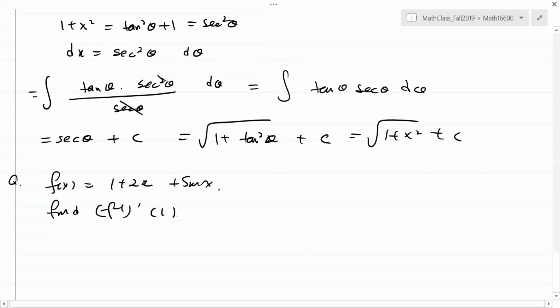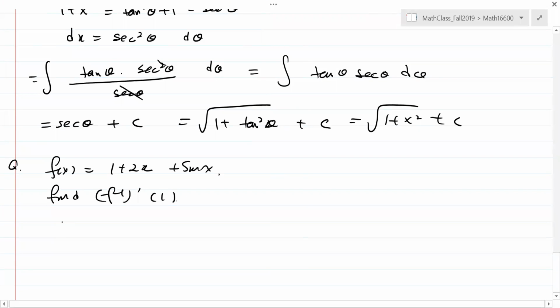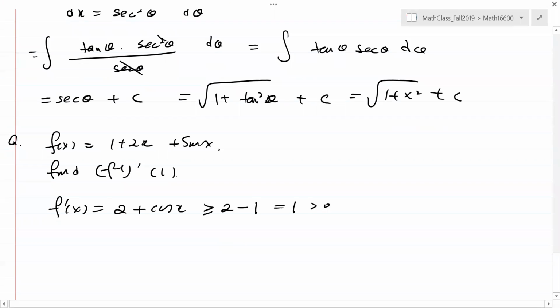The inverse exists just because the derivative of the function is 2 plus cosine x. But this is always greater than or equal to 2 minus 1, which is 1. 1 is positive, right? So the function is increasing.